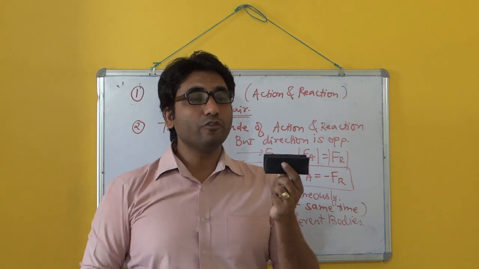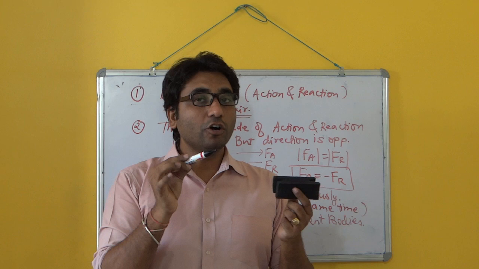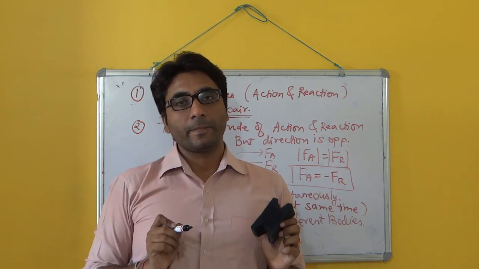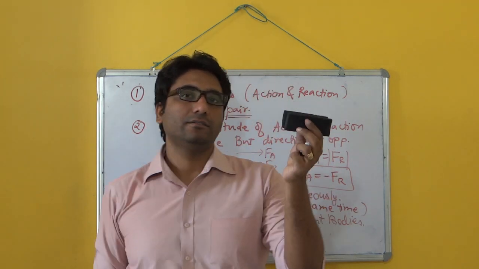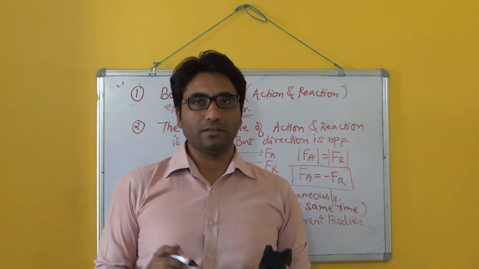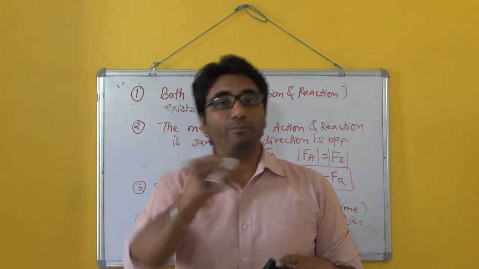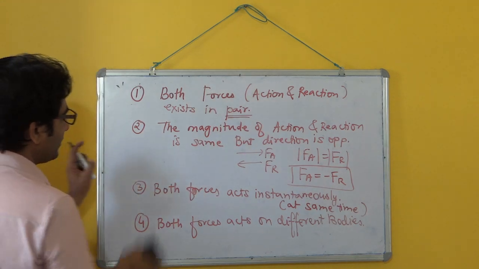Similarly, the reaction force is exerted by the duster on the marker. So the reaction force will be acting on the marker. So both the forces, the action is acting on the duster, the reaction is acting on the marker. So both the forces are acting on separate bodies. Okay, so these are the 4 points.